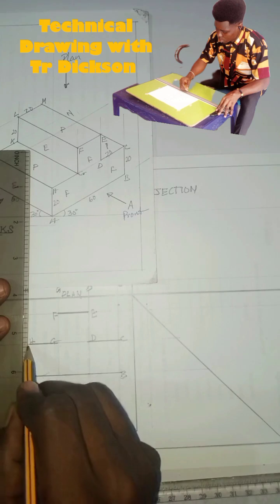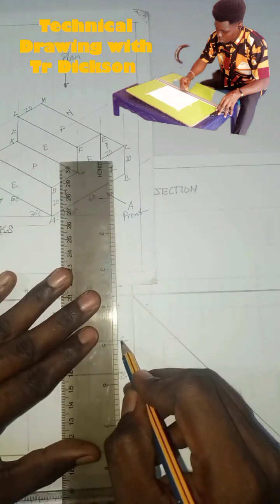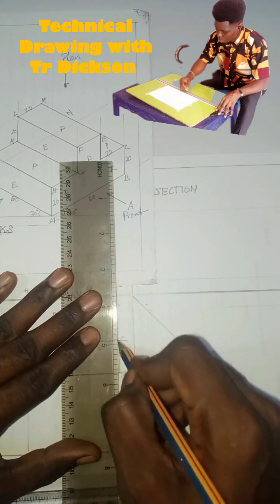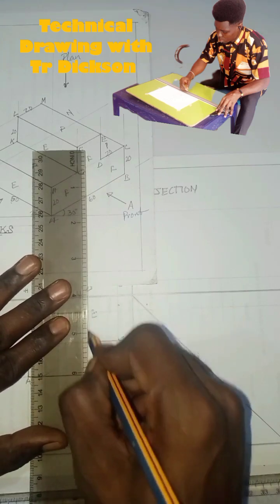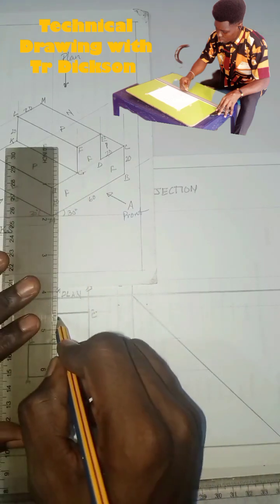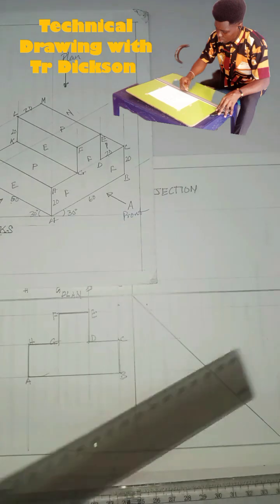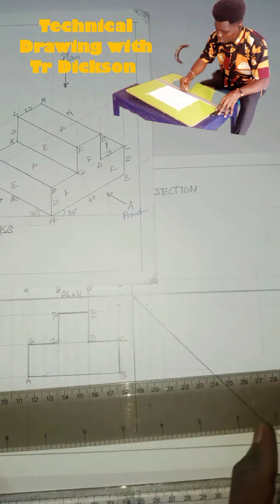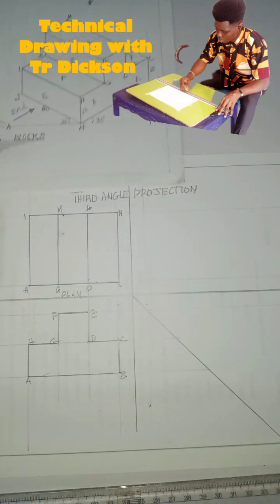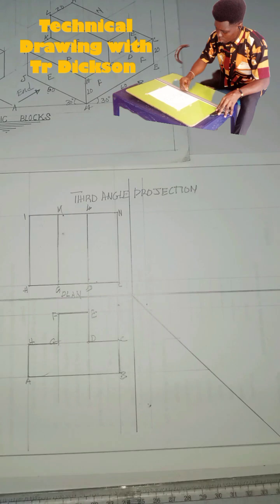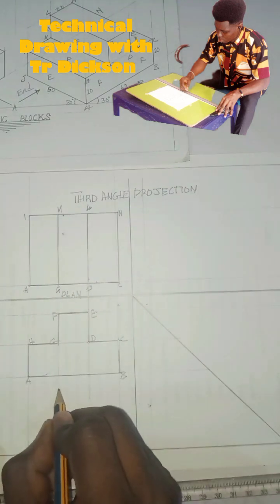I'm trying to make the point of emphasis visible, and by so doing, I'm making use of thick continuous lines. All right, so looking at that, we have the plan and the front view already. So you can call this front.